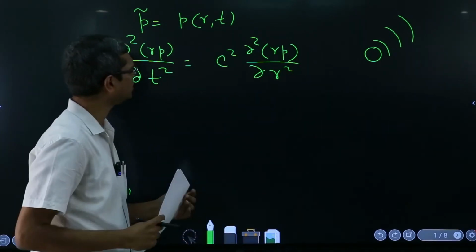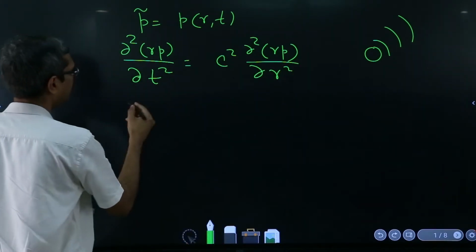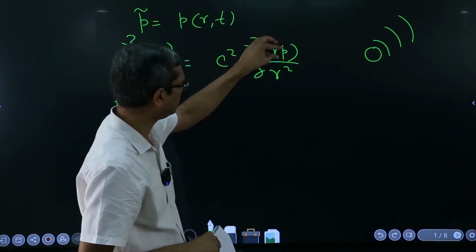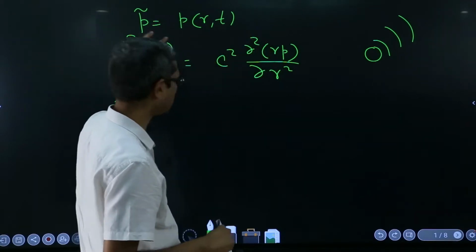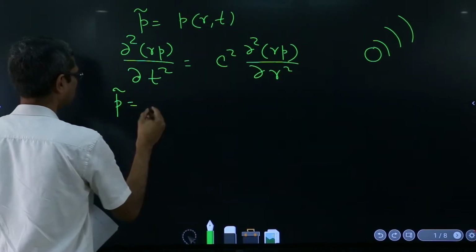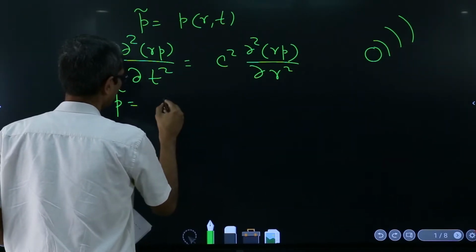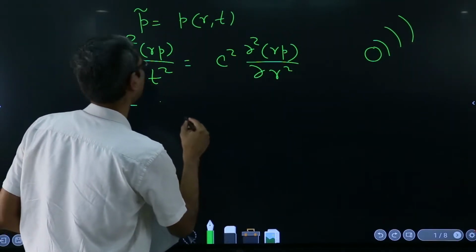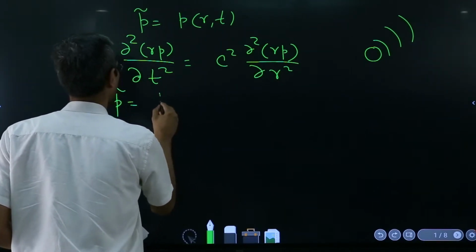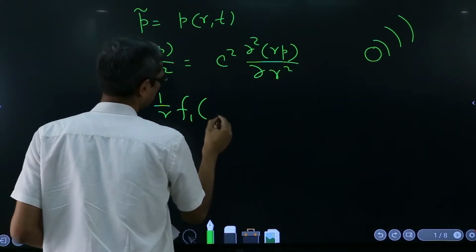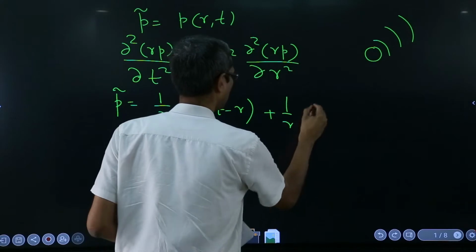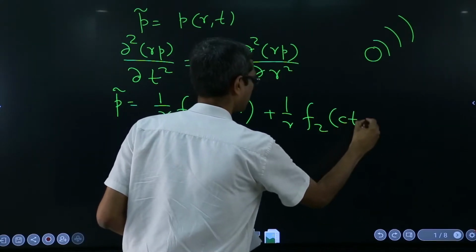So this we came up to, and then we said that this is the normal wave equation with, suppose, this y as a function. So we know the solution of this. From there we figured out that our solution will be something like 1 over r f1(ct minus r) plus 1 by r f2(ct plus r).